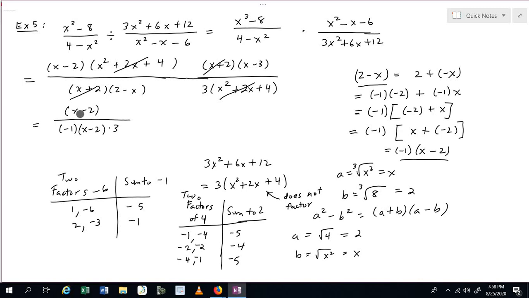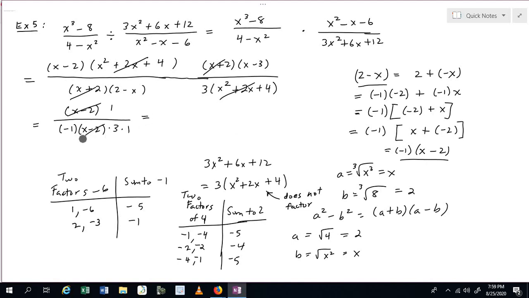By factoring a negative out, I made it the same as the one on the top. They're both x minus 2, and now those cancel out. And by the way, you're left with a 1 on top, because this cancels to 1 over 1. So don't forget to put the 1 on top.